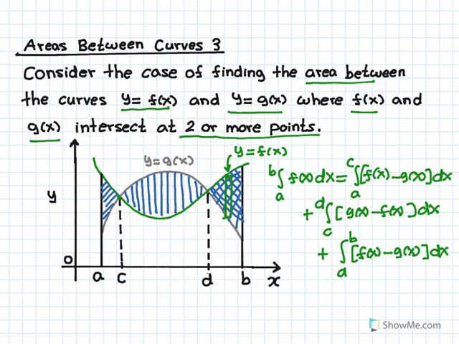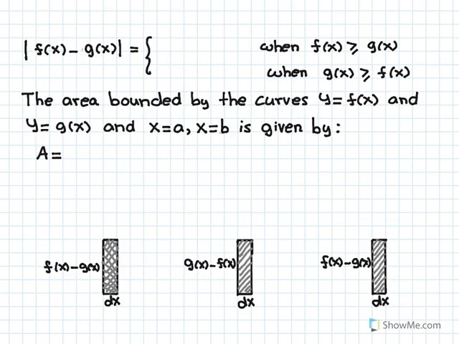We can also write it more compactly as the integral from a to b, absolute value of f of x minus g of x dx. Alright, so the notation absolute value of f of x minus g of x is equal to f of x minus g of x when f of x is larger or equal to g of x, and it's equal to g of x minus f of x when g of x is larger or equal to f of x.